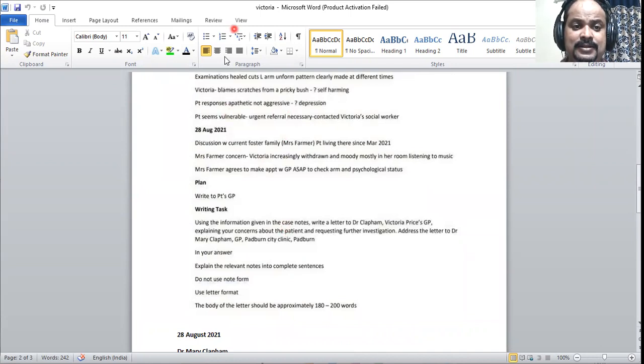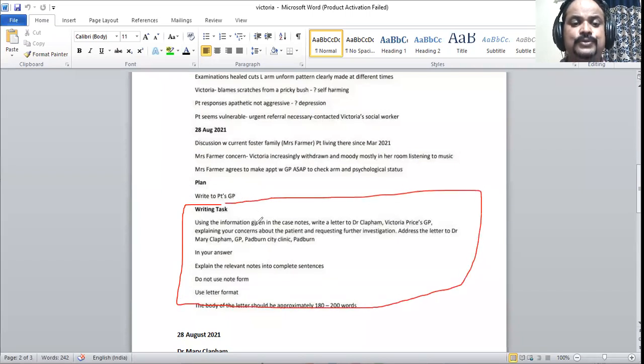Here is the task. Using the information in the case notes, write a letter to Dr. Cleffam, Victoria Price's GP, explaining your concerns about the patient and requesting further investigation.